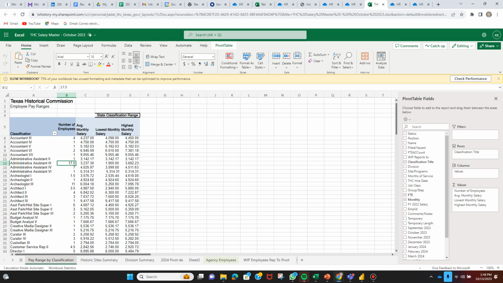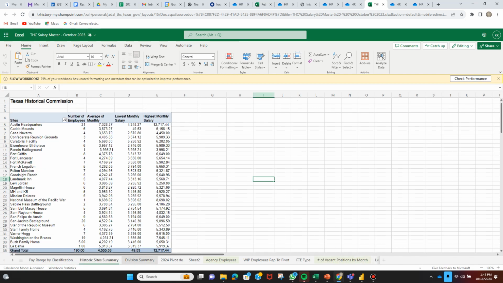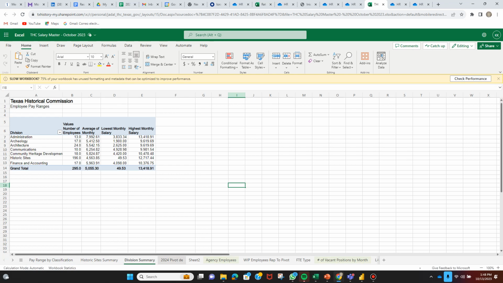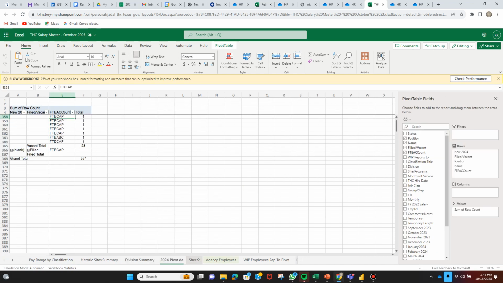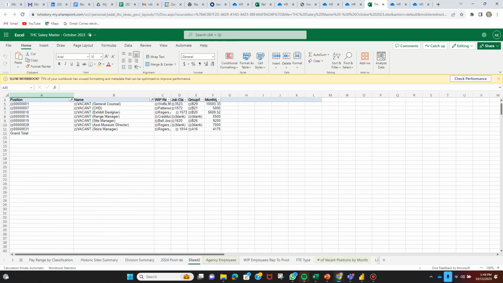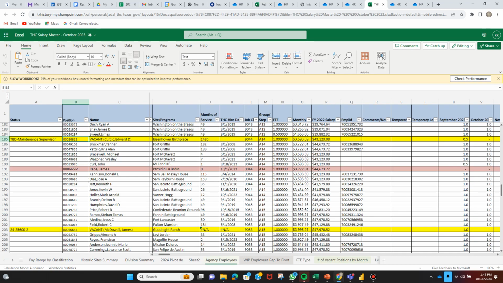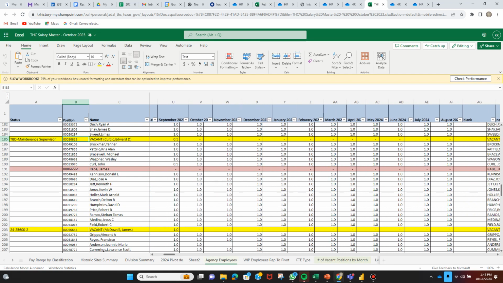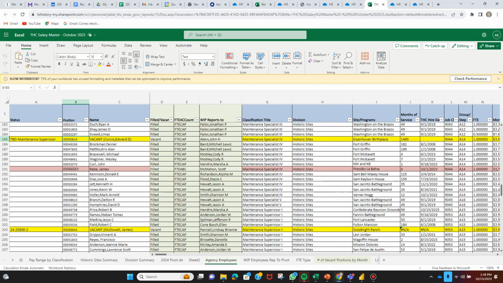I thought there was a page that showed what the SAO was as well. Yeah, but I mean, the pay rate by classification.